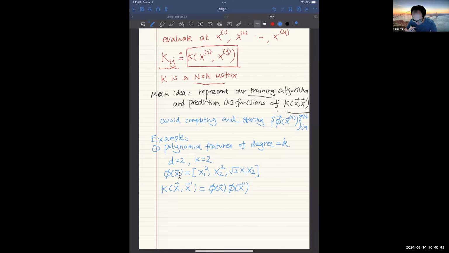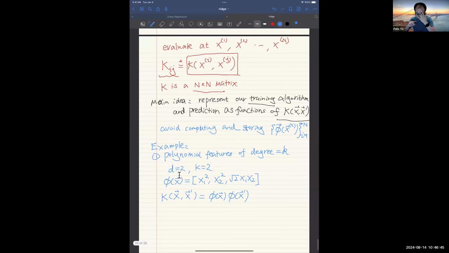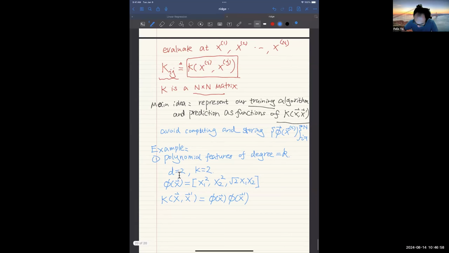Here I'm doing the inner product. If we stack them, consider this a row, so this will be a transpose here.